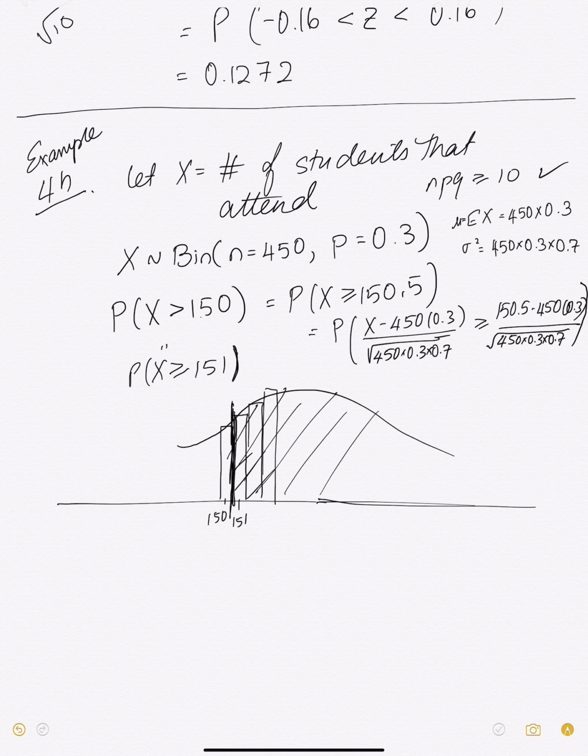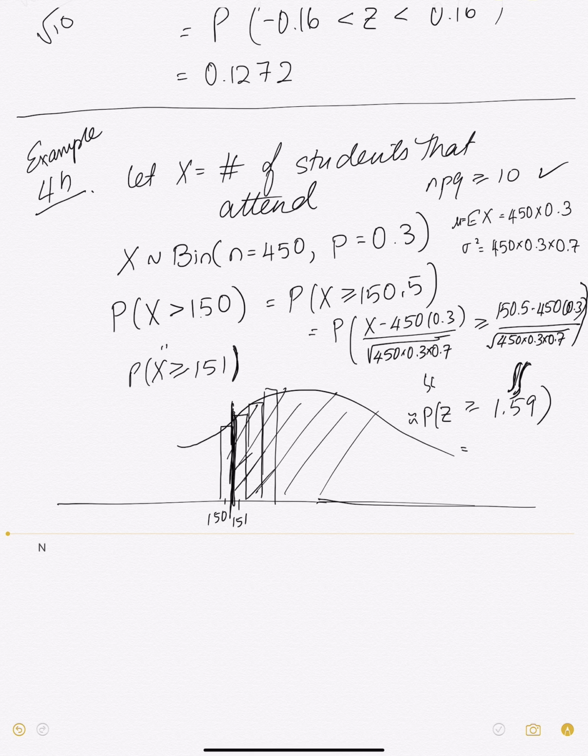And this is approximately the probability Z bigger than or equal to this value, and that turns out to be approximately 1.59. Actually, let's use squiggles because it's approximate. How do you find the probability that a normal random variable is bigger than 1.59?